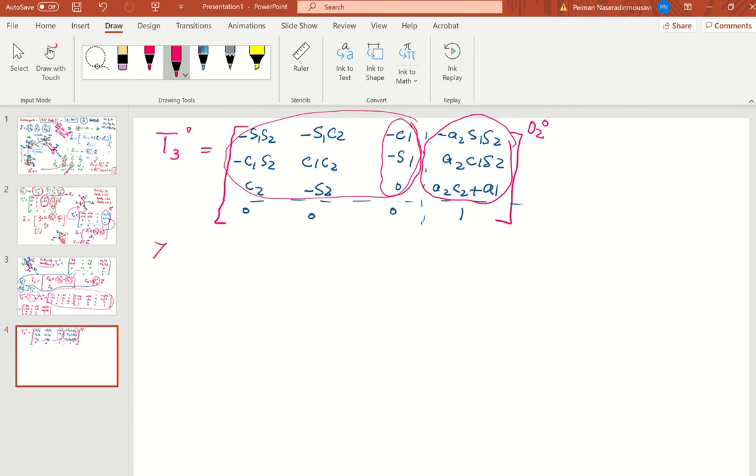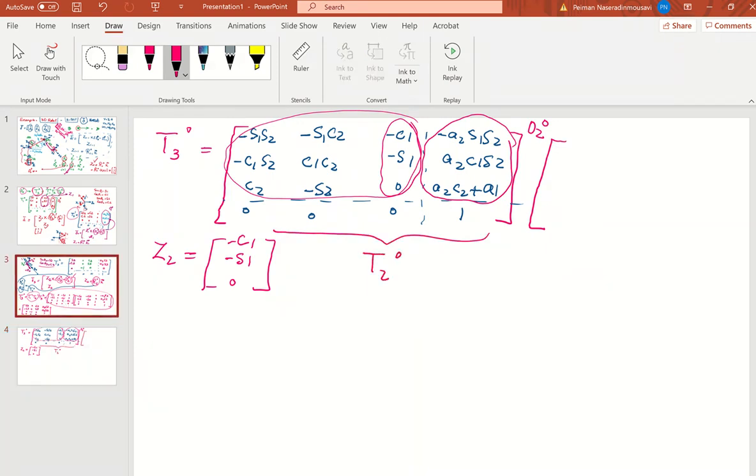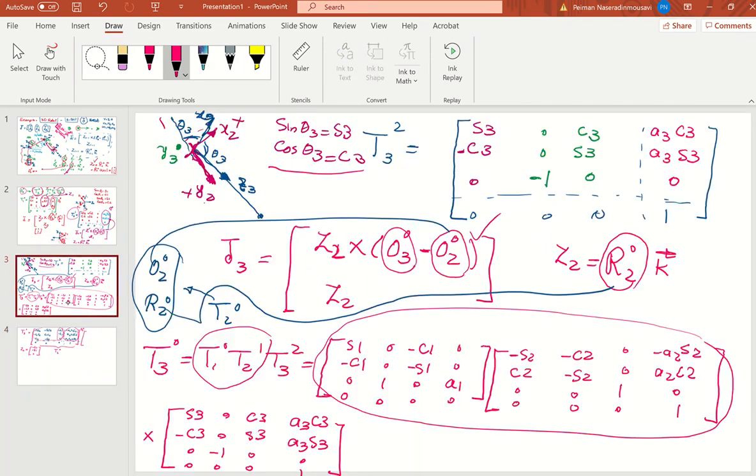So Z2 is going to be minus cosine 1, minus sine 1, and 0, meaning minus cosine theta 1, minus sine theta 1, and 0. Understand? Now this is multiplied, because again this is your T2 with respect to 0, by T3 with respect to 2. Here we go. This.